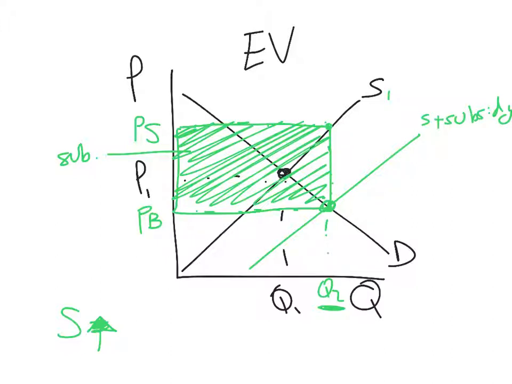Now, in terms of labeling the graphs in the areas, at this level we don't get into the consumer and producer surplus because they overlap and because it's very tricky. With the subsidy, consumers definitely benefit, because they pay a lower price and get to consume more, so they're better off. Sellers are better off, producers are better off, because they're selling more units at a higher price that they receive.